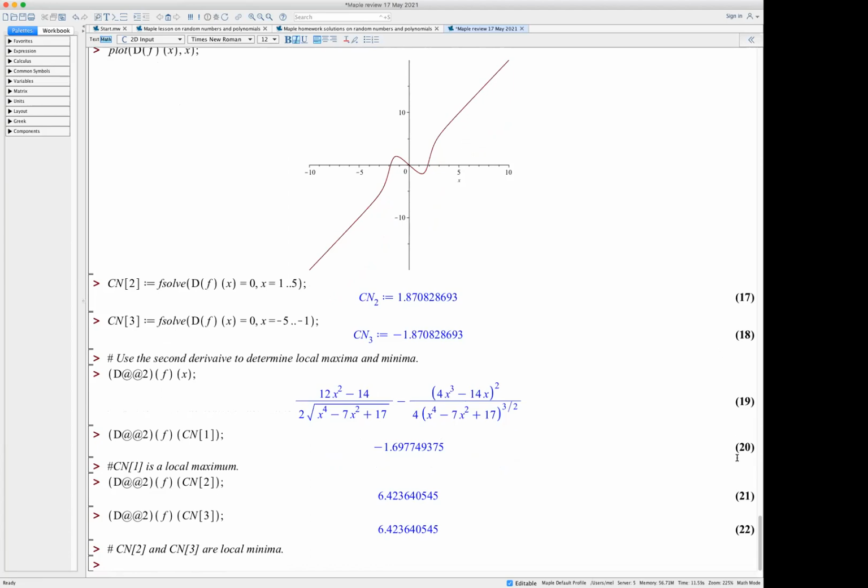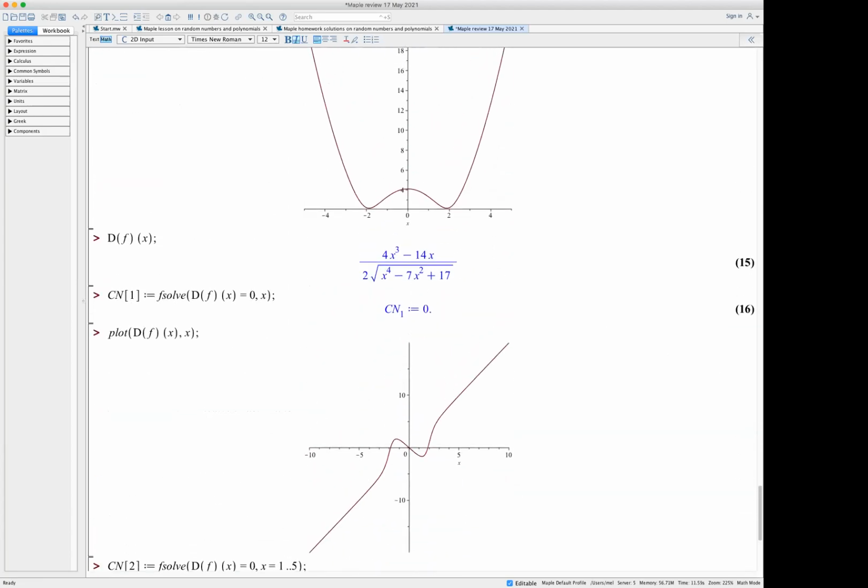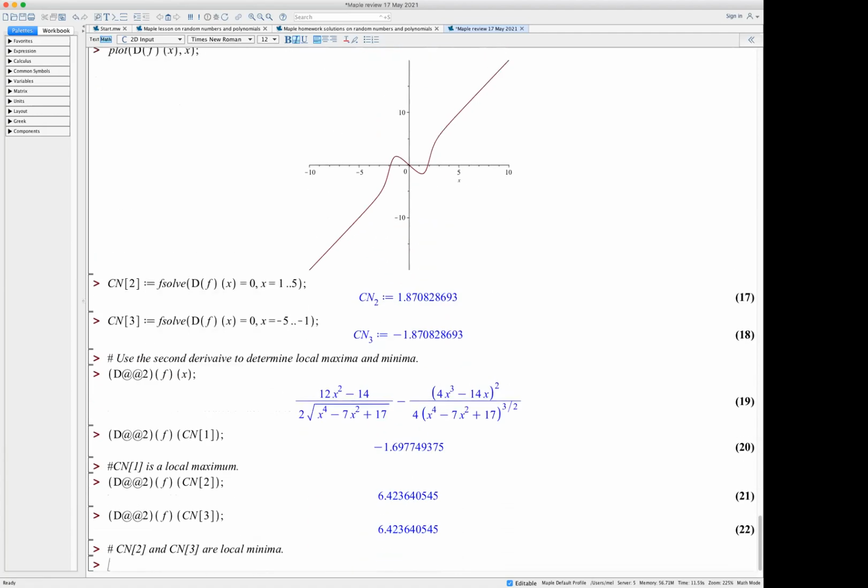And of course, that makes perfect sense because we see from the graph, you have a local minimum, then a local max, and then a local minimum. So that's how you find the local minima and maxima. Right? Any questions about that before I do the next part of the problem?